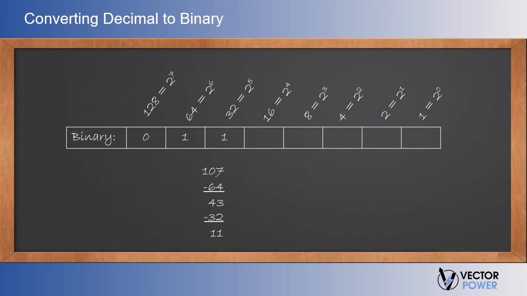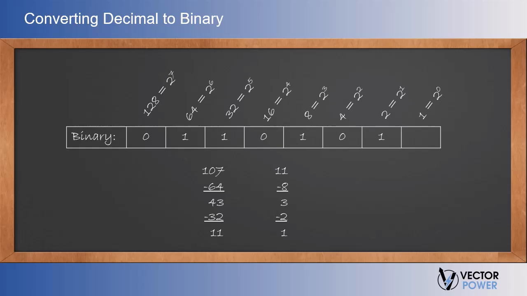Now we find the highest power of 2 for 11. The highest power of 2 for 11 is 8. Therefore, we place a 1 in the 8 column and subtract 8 from 11, leaving us with 3. Now we find the highest power of 2 for 3. The highest power of 2 for 3 is 2. Therefore, we place a 1 in the 2 column and subtract 2 from 3, leaving us with 1.